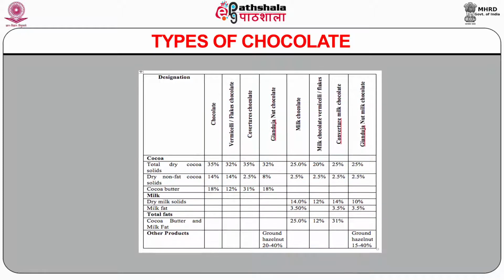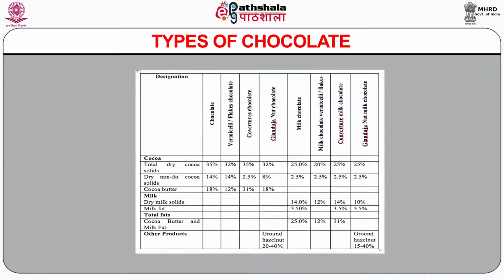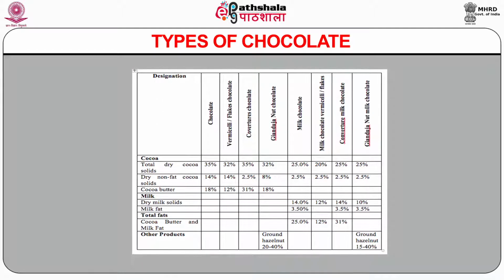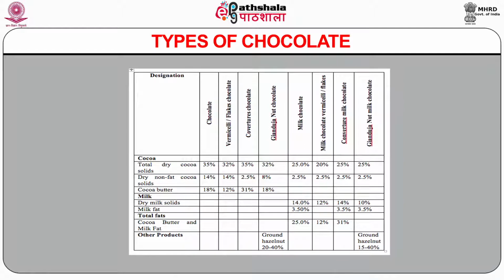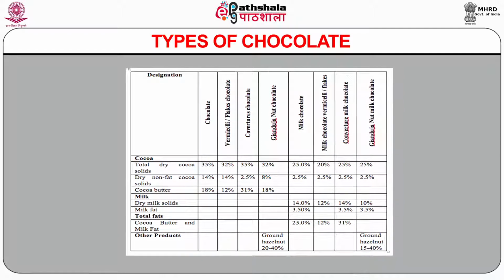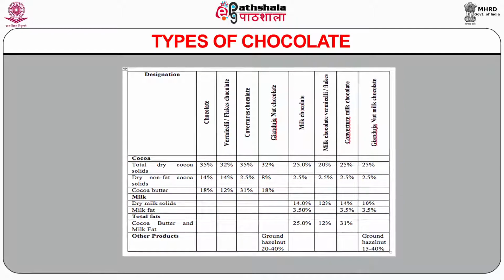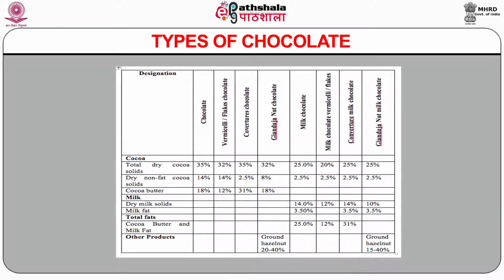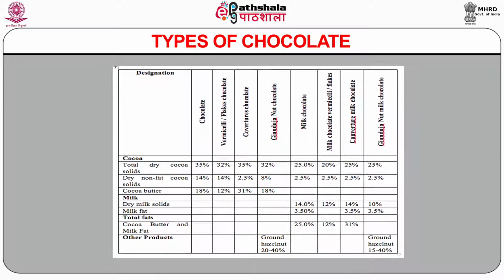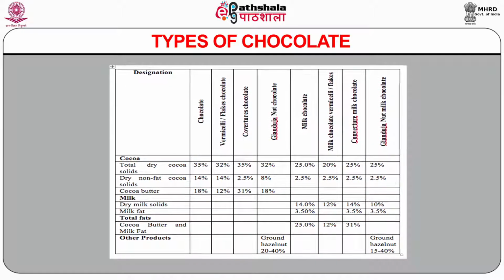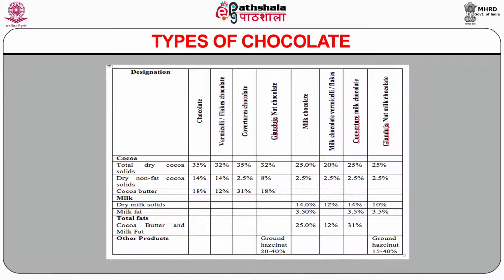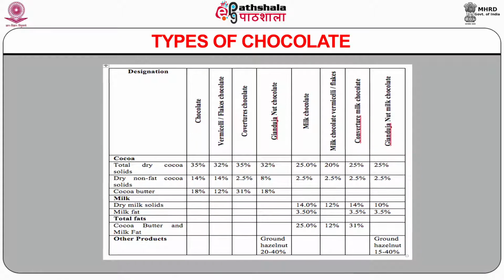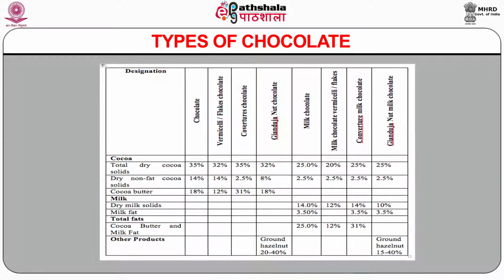Total dry cocoa solids: 35%, 32%, 35%, 32%, 25%, 20%, 25%, 25%. Dry non-fat cocoa solids: 14%, 14%, 2.5%, 8%, 2.5%, 2.5%, 2.5%, 2.5%.